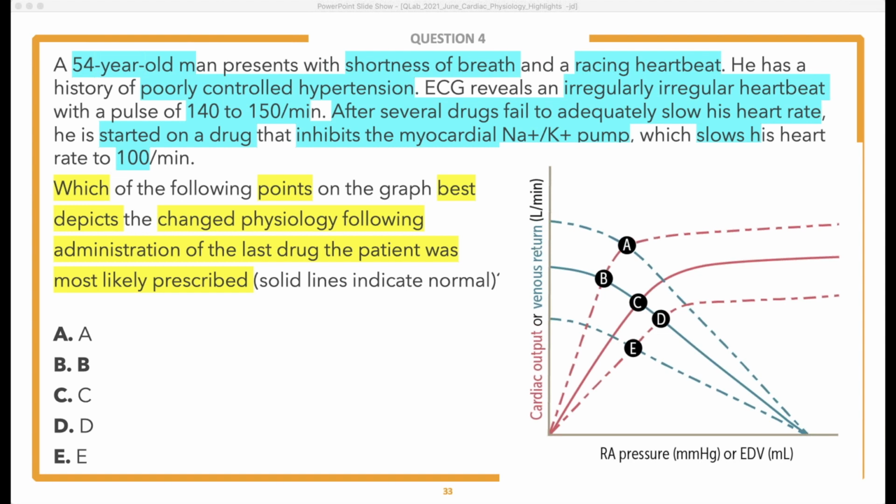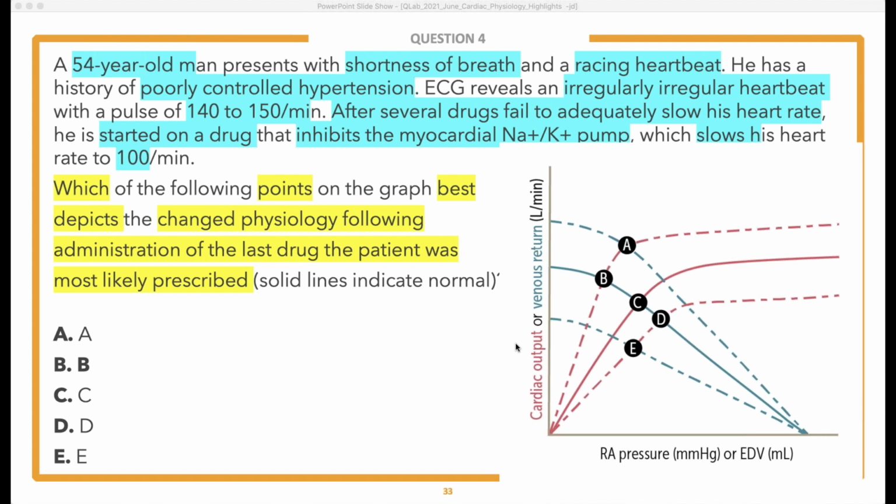There's no change in venous return. Answer choice A is saying there is an increase in inotropy, but it's also saying there's a change in venous return, okay? Which is not the case here. Answer choice C, that's just normal cardiac output, normal venous return, so that's not the best answer here.